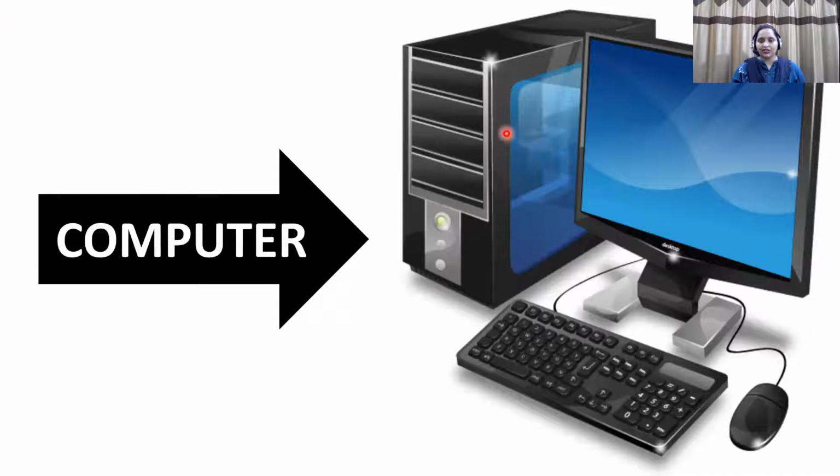This is the monitor, and this device is known as a mouse, and this device is known as a keyboard. So children, today in this chapter, we are going to study about keyboard in detail. So let's start, children.